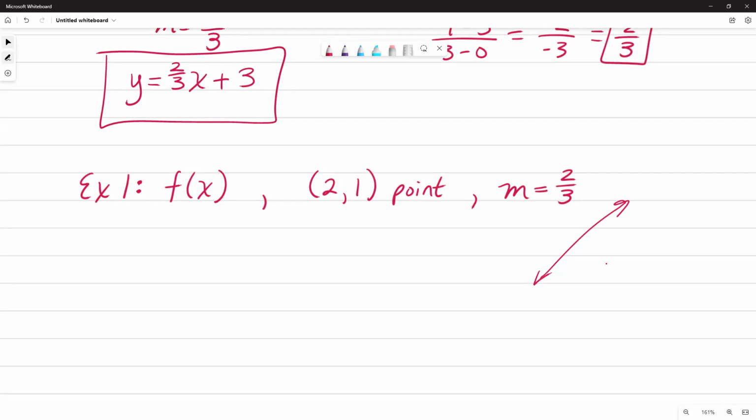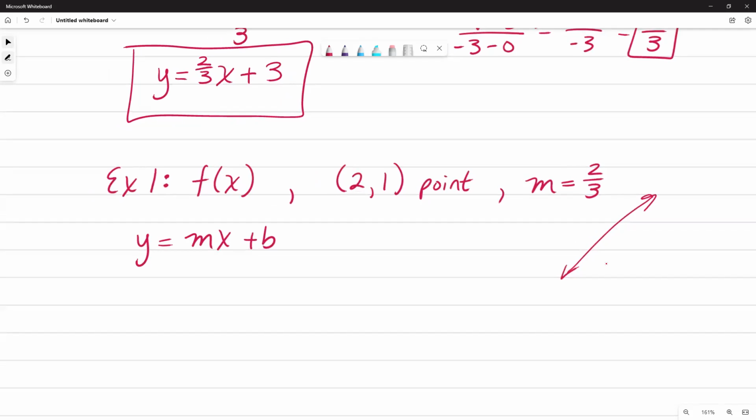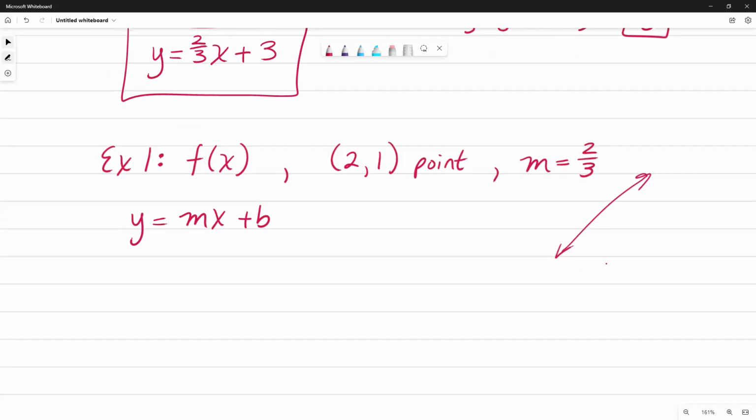All right, so we start with our slope form. y = mx + b. And so we use this first to calculate our y-intercept, because we have a point and it gives us an x and it gives us a y.